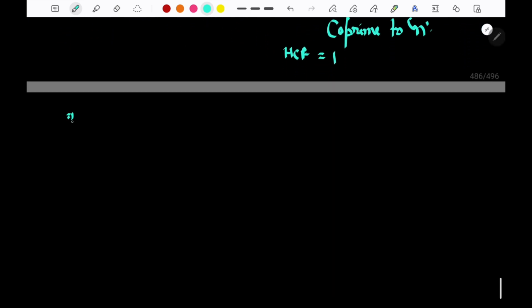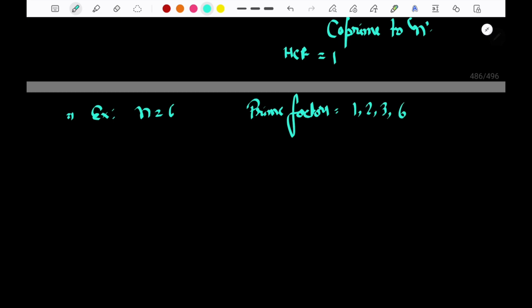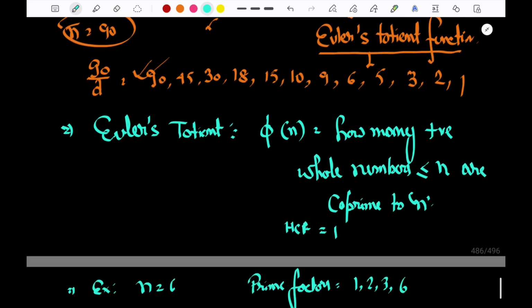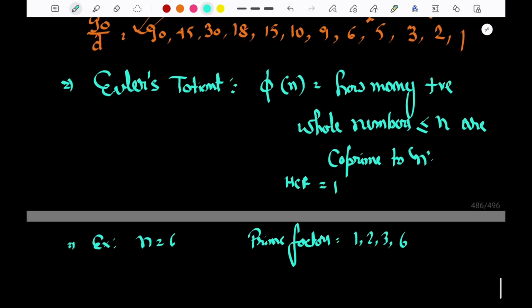For example, let's say n is equal to 6. The factors of 6 are 1, 2, 3 and 6. But which are co-prime to n?